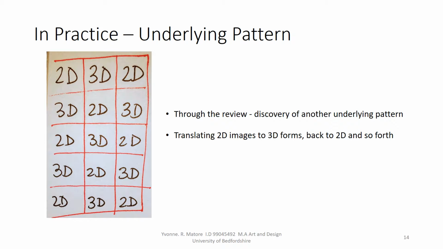For example, I translated the original 2D map to scale from the map to 2D sketching, then extruded that and translated it to a three-dimensional model, which I then photographed back to 2D and then brought back to life in the 3D cubes that were part of the Exploring Territories exhibition. I'm really interested in this 2D, 3D, 2D, 3D pattern that's emerging underneath all of my work and all of my practice.